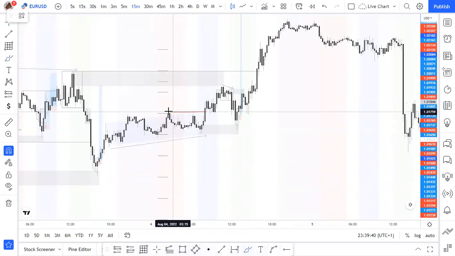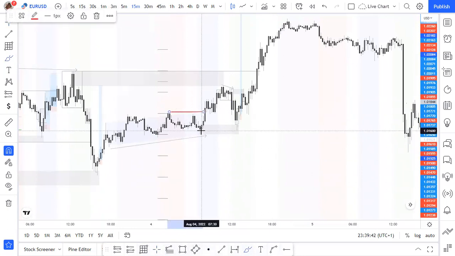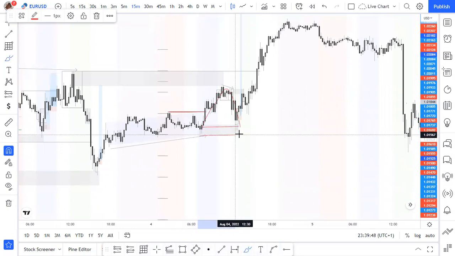So you could say I had a break of structure, then the push, and price is now pulling back into this range. We could look at it that way, and that is exactly how I was looking at it on Thursday.